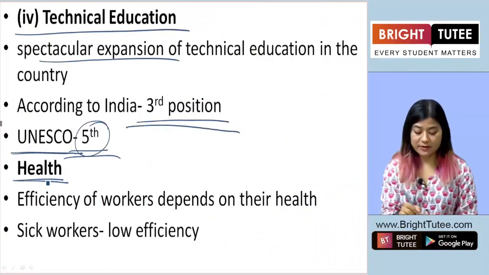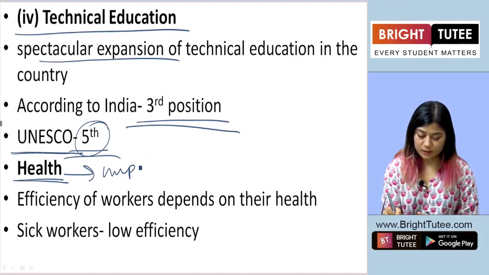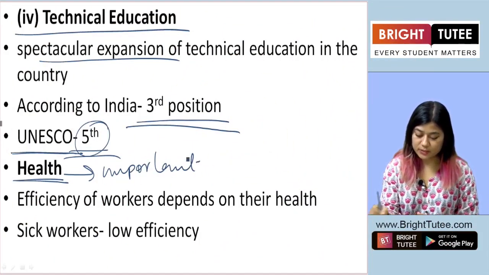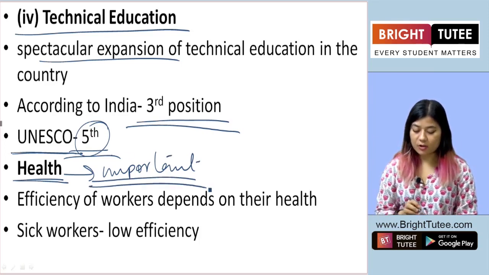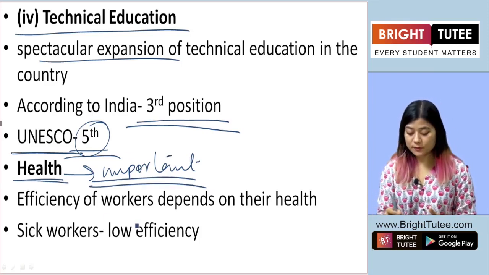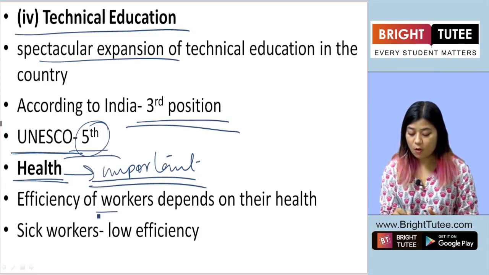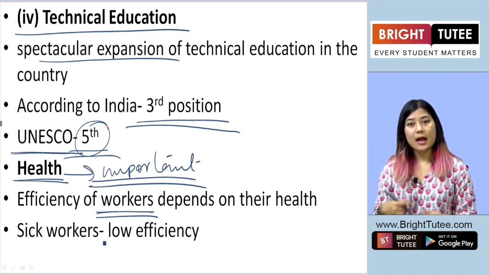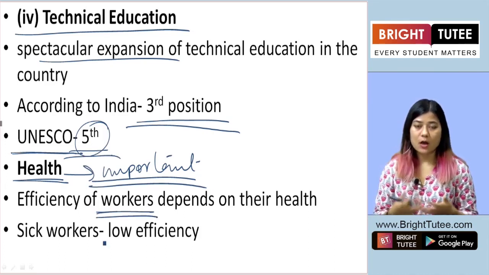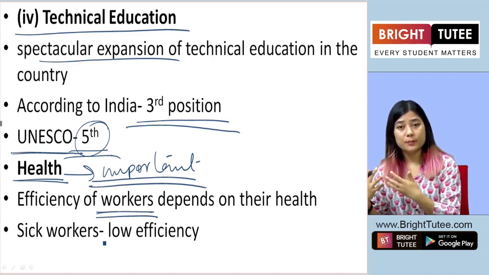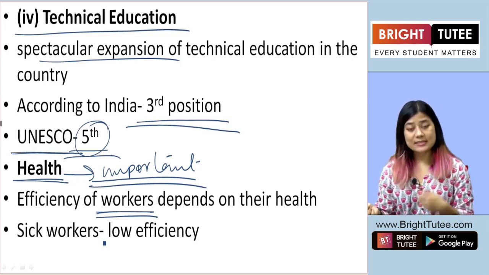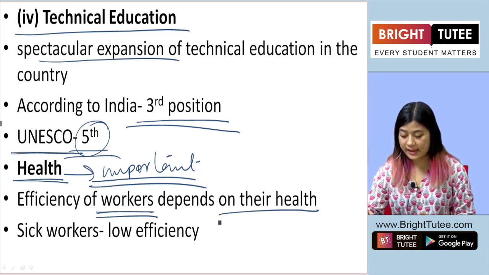Now, health is very important. Because the efficiency of the workers, of the people, how well they can work and what they can produce as a result, depends on their health.